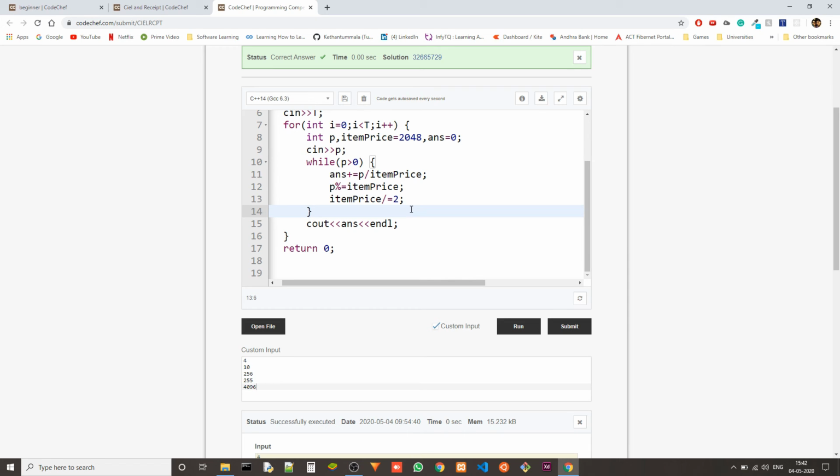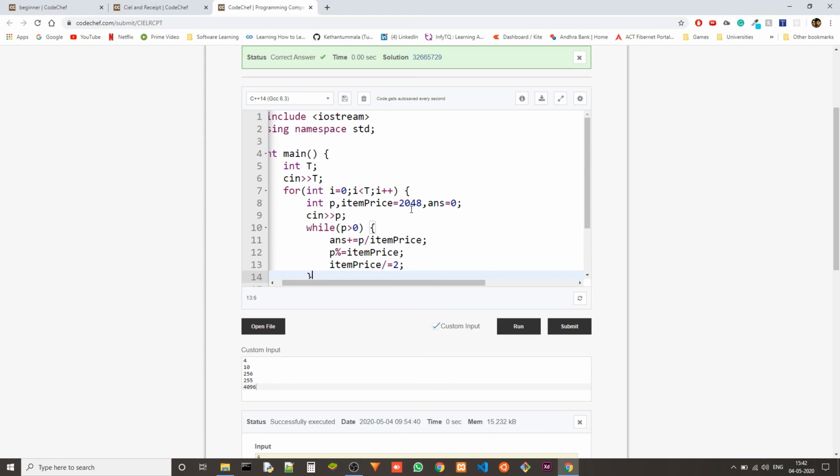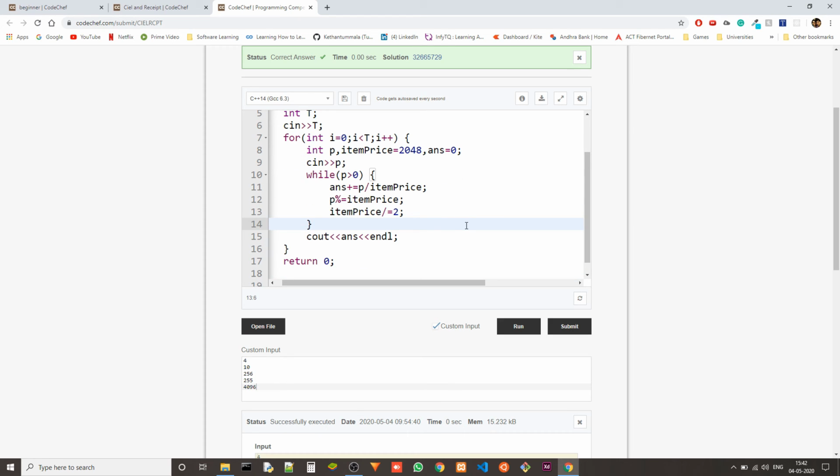So the time complexity of this algorithm is actually constant, right? Order of 1 time complexity. So this is like one of the best algorithms that you can use for this problem, right?